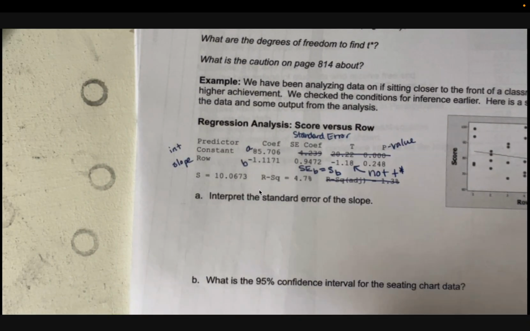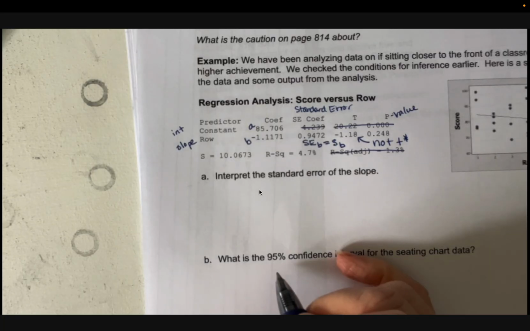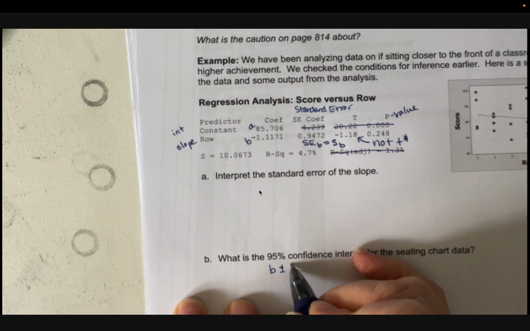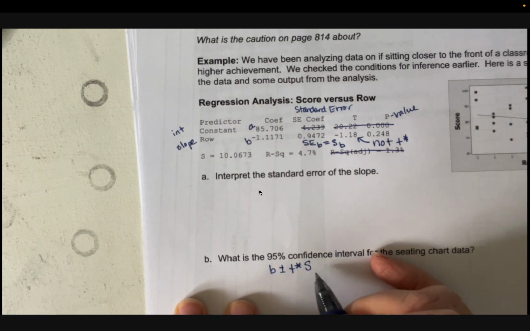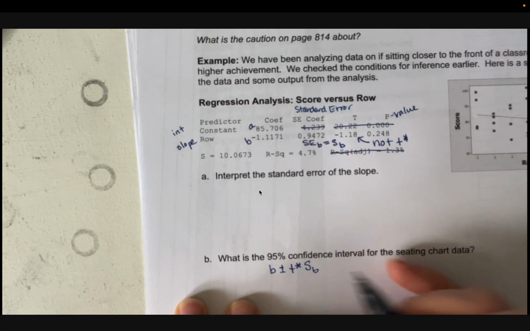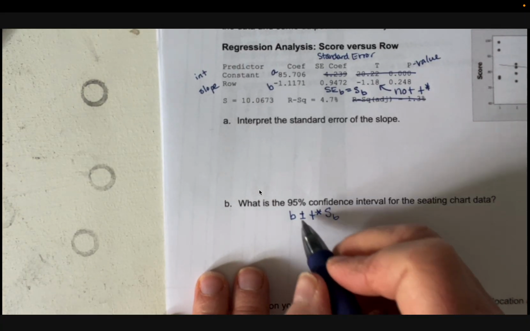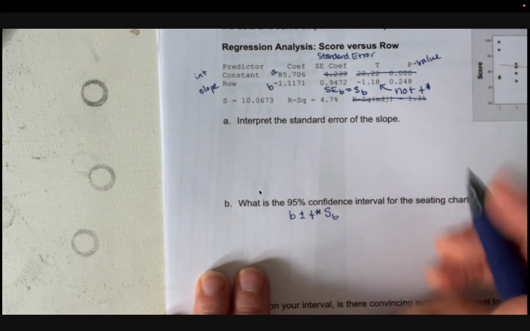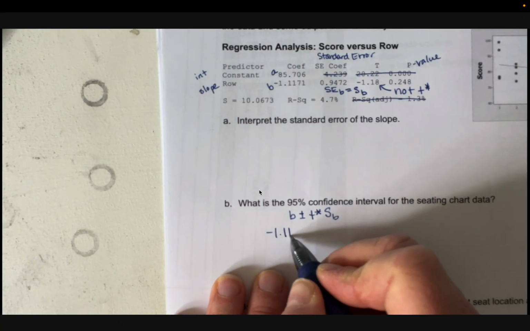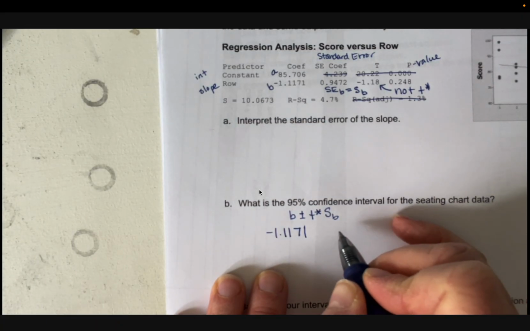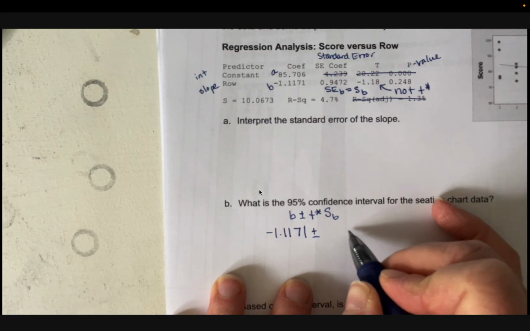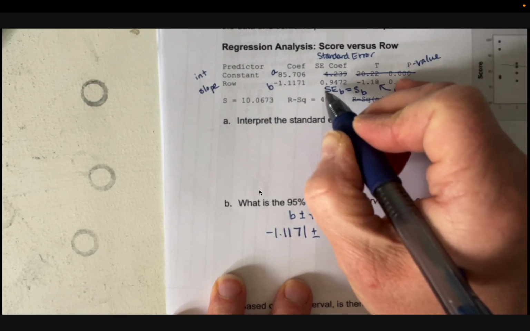All right, when we do the confidence interval, I'm going to switch back over to my other screen here. So remember, it was B plus or minus T star times that standard error of the slope, and I think the book used SB. The B is right there. T star, I'll get that in a second.